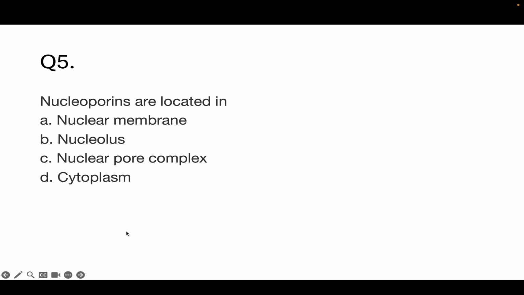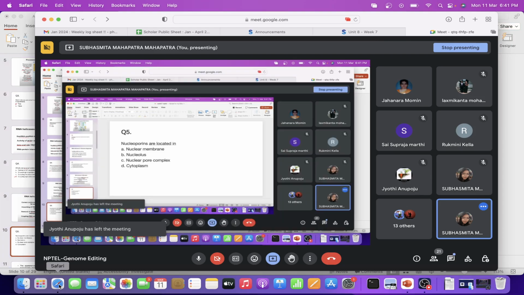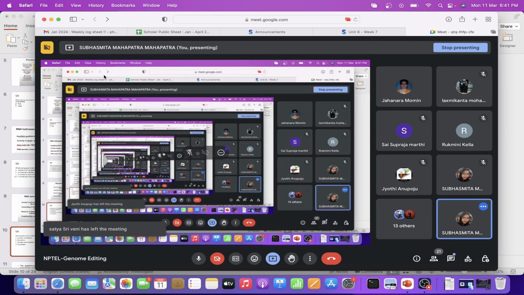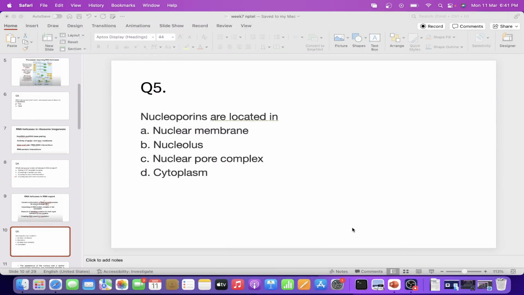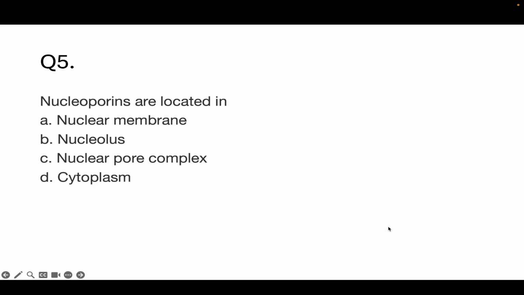Which one is it? I think it is quite clear, because it is a basic conceptual question, so everyone can answer this.